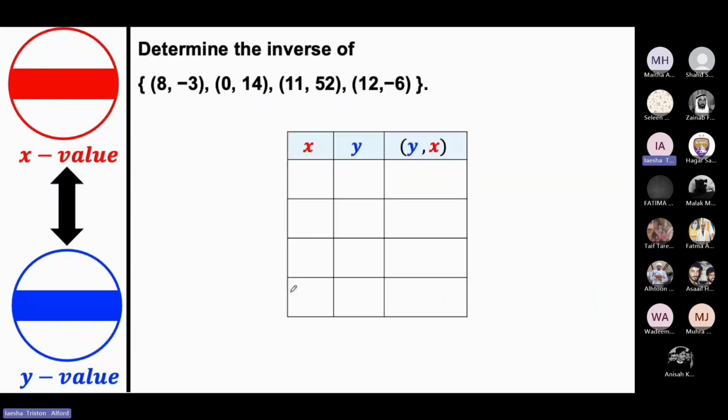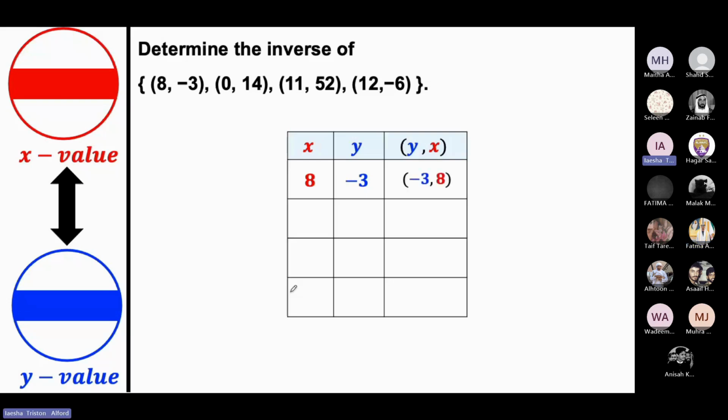So here, determine the inverse of the numbers. For the first point, what number is X? Positive 8. What number is Y? Negative 3. How do you make the inverse? Negative 3 and positive 8. So switch it.